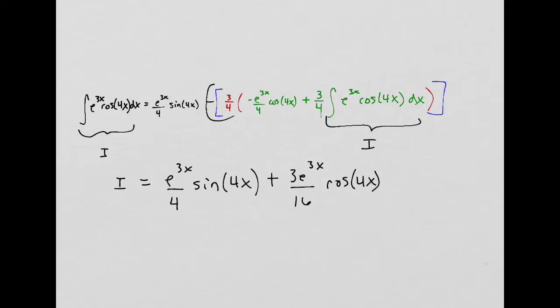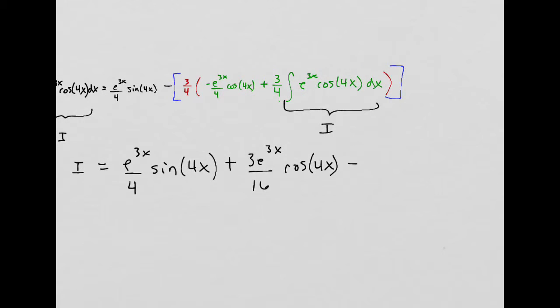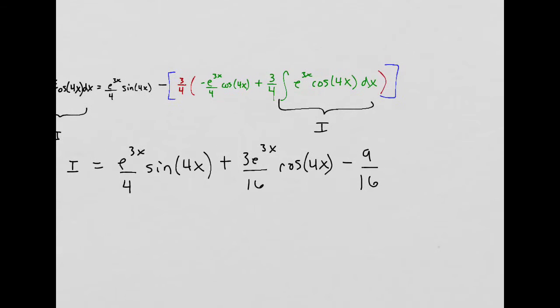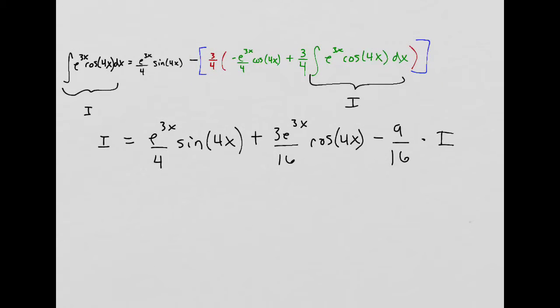What did I just do? I took the negative and the 3/4 and I distributed it there. And then I'll take the negative and the 3/4 and I'll distribute it there. So I'll get minus 9/16 of I. So times I. Well, look at that. Isn't that beautiful?